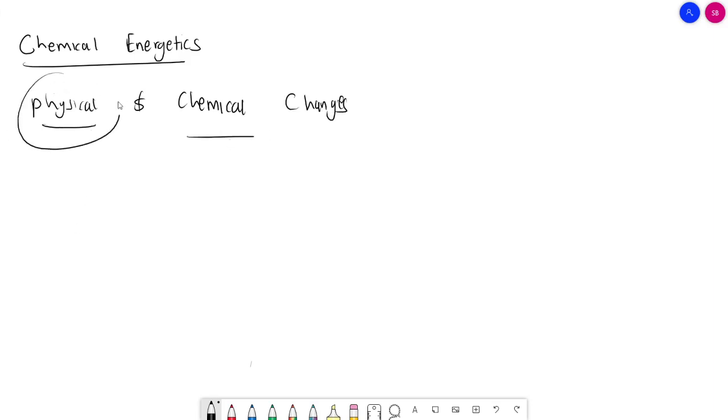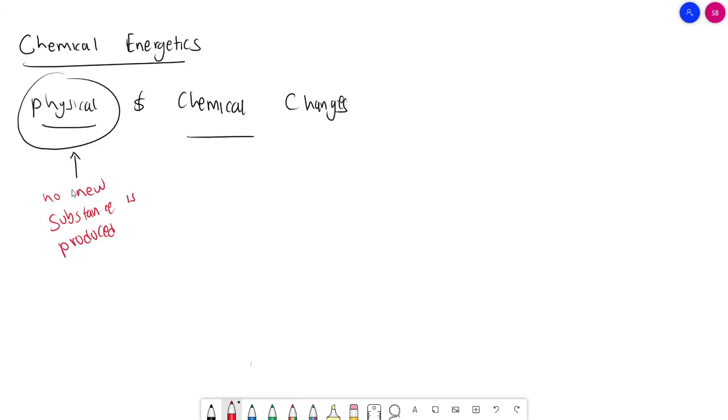A physical change is one in which no new substance is formed. So the key thing you need to take from this is that no new substance is produced.